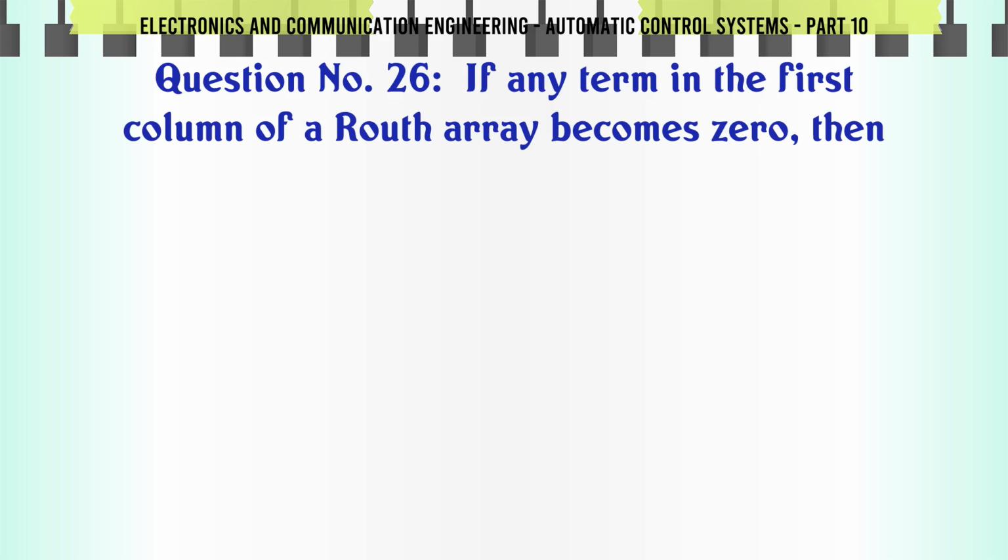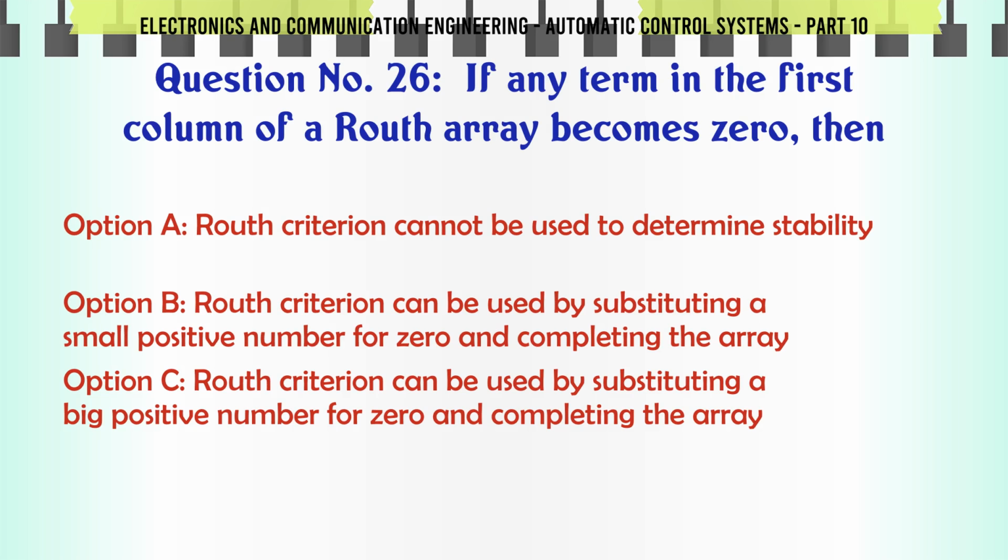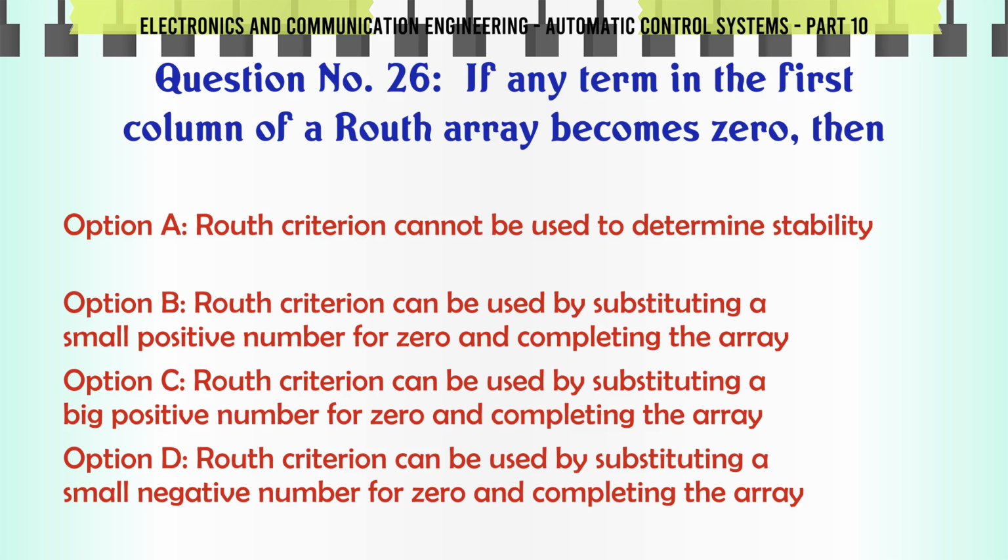If any term in the first column of a Routh array becomes 0, then A, Routh criterion cannot be used to determine stability. B, Routh criterion can be used by substituting a small positive number for 0 and completing the array. C, by substituting a big positive number.